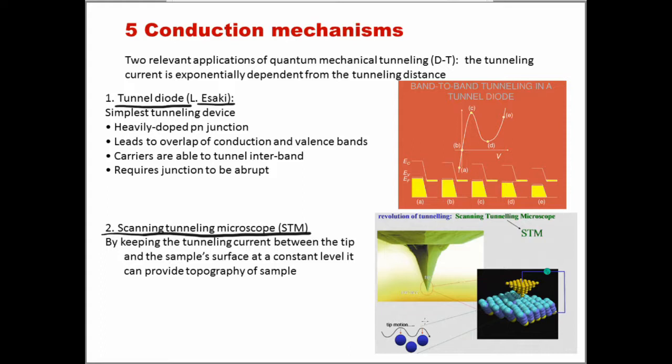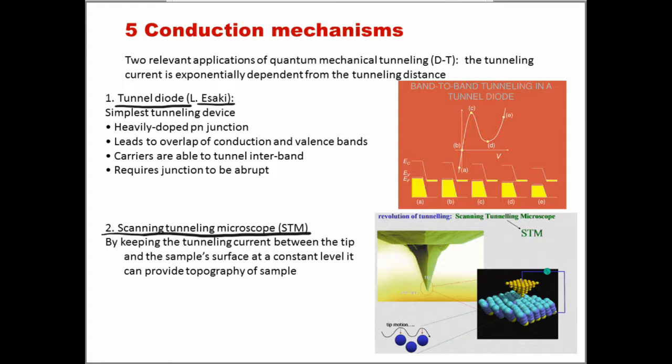The tunneling current is exponentially dependent on the tunneling distance. And the tunnel diode is actually another very interesting application, and we shall have a look at it, as we briefly had a look some time ago at the PN junction.